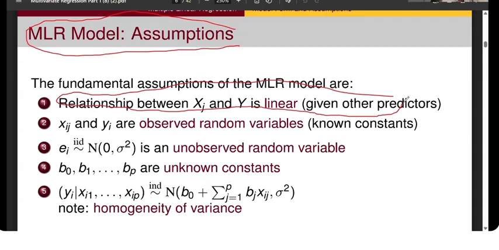And not only that, we have to tell the world that we have observed some random variables: we have an outcome variable and we have predictor variables. We're also going to talk about the assumption underlying the error, that the error should follow a normal distribution with a mean of zero and a constant variance sigma squared.